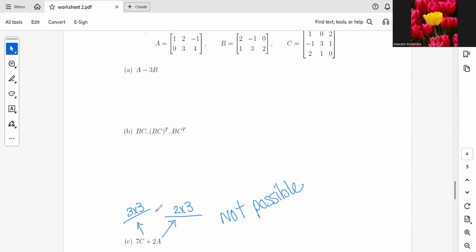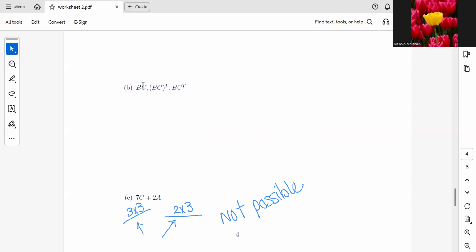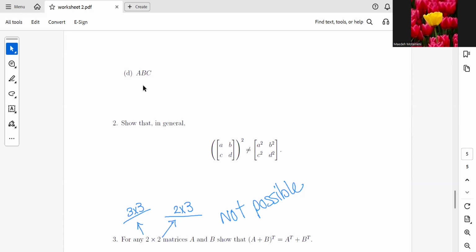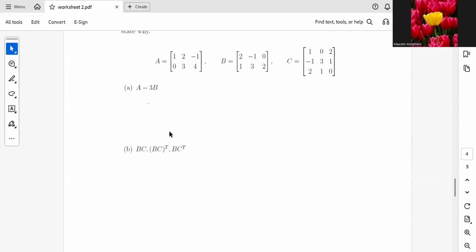Next part is A multiplied by B multiplied by C. So let's come back here. Okay, so A, B, C. Now, what about the sizes?